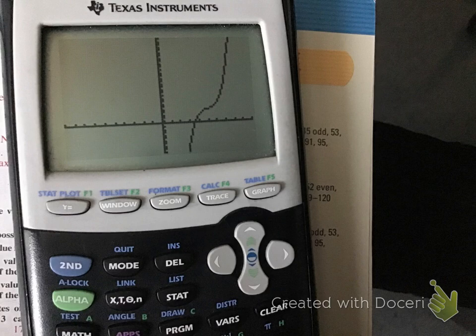So I traced over to get sort of around where the dips and curves were happening, and then I'm going to hit zoom in. And that's what I see.